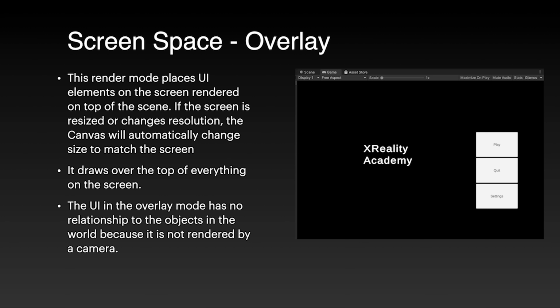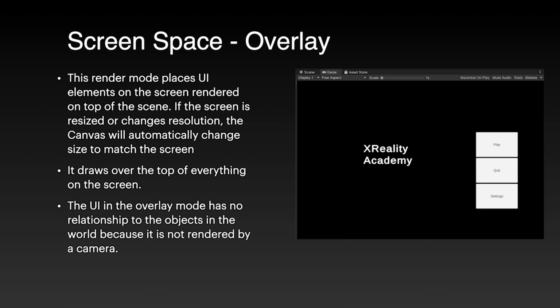And for people to choose play or continue or quiz, settings, credit, at the home page, you have some stuff for people to choose. That is great for applying the screen space UI. So this render mode places UI elements on the screen, rendered on top of the screen. If the screen is resized or the resolution changes, the canvas will automatically change the size to match the screen.